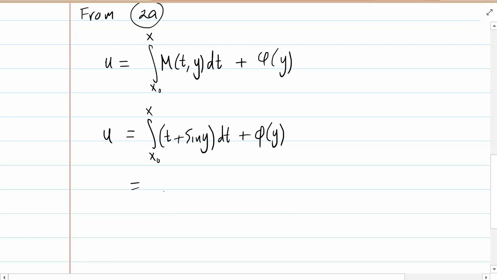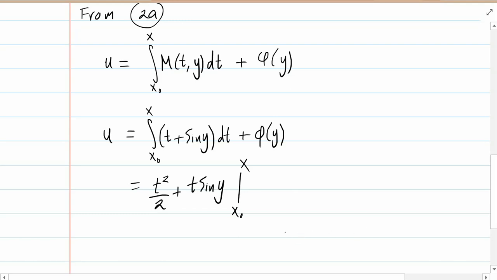So since we are integrating with respect to t, it's taken as a given that y is a constant. And that means that this is t squared over 2 plus t sine y from some x naught to x. This x naught has to be chosen in such a way that this function vanishes.